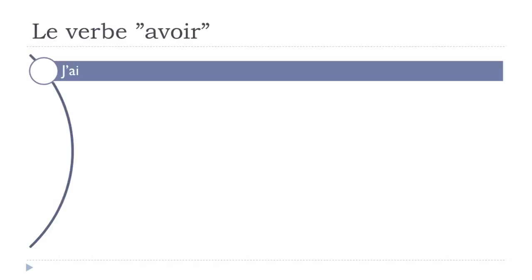And so we'll see the different forms. The first one is j'ai. If you remember correctly, we had this je, personal pronoun, and when it comes near another vowel like a, for instance, then it tends to disappear.